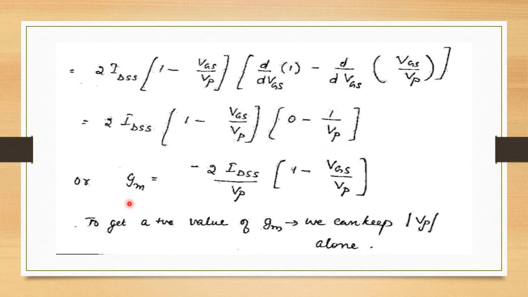So gm is equal to minus 2 IDSS by VP into (1 minus VGS by VP).